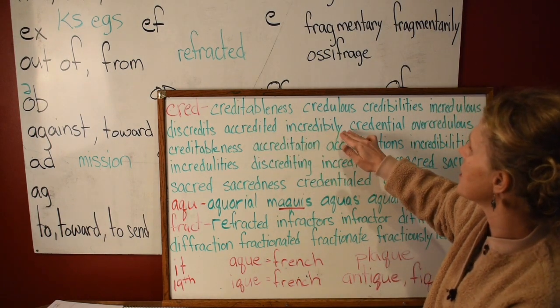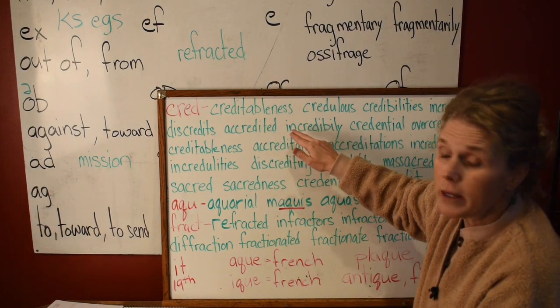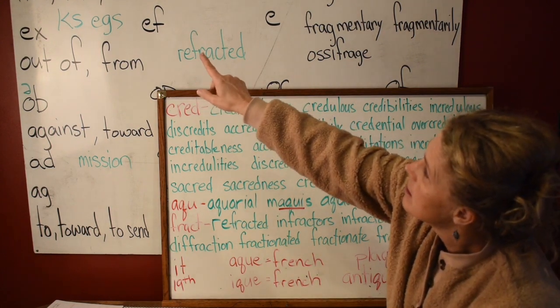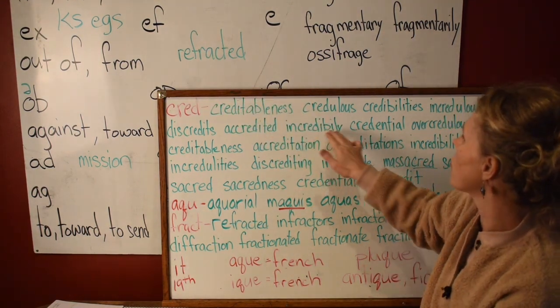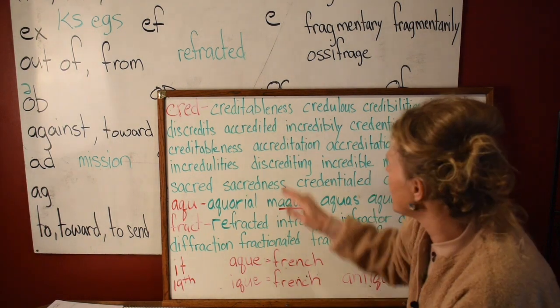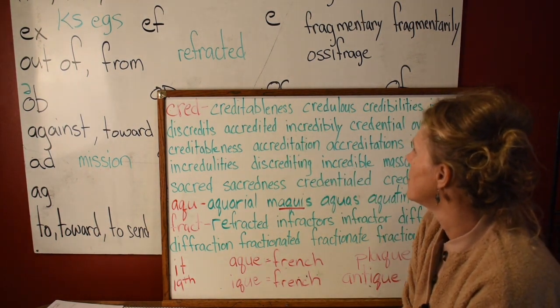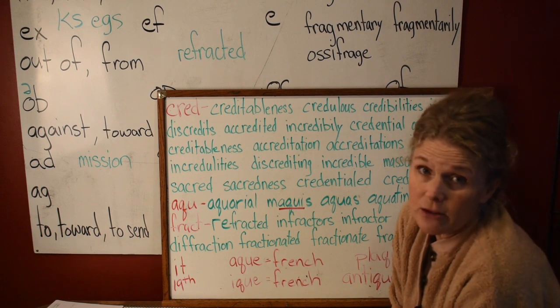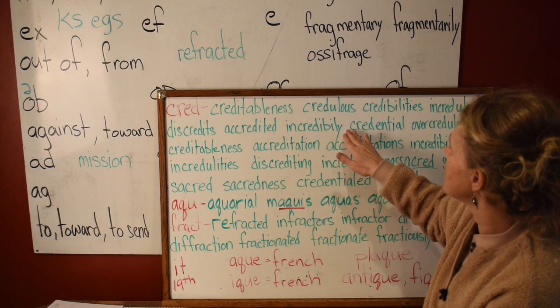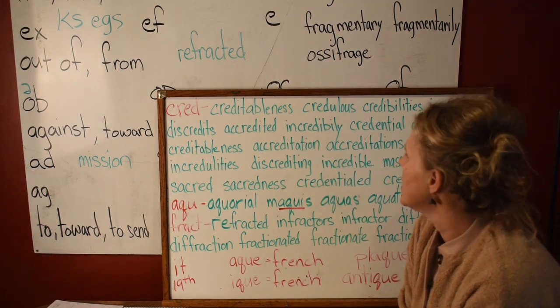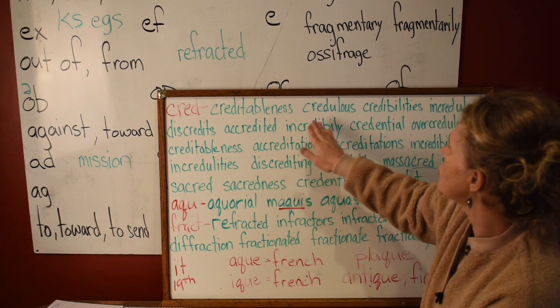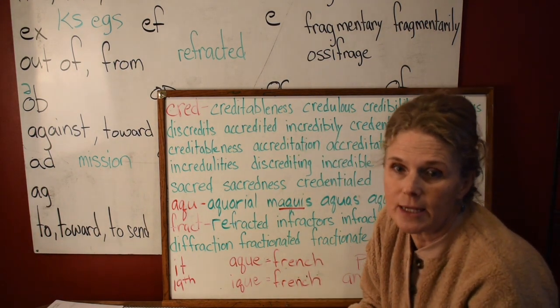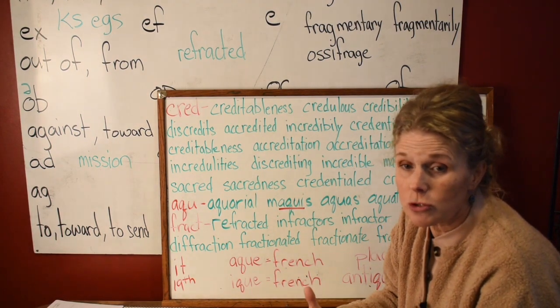Now, incredibly. Well, in means not, into, or in. Incredibly, what would you think in this one would be? Not believably. So Daniel thinks it's not believably. I think this one would be into. Into, it's incredibly amazing. Can you see that when you actually use the word?